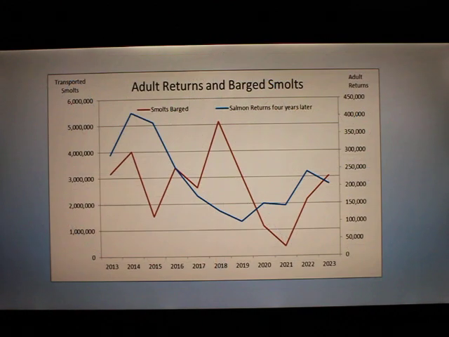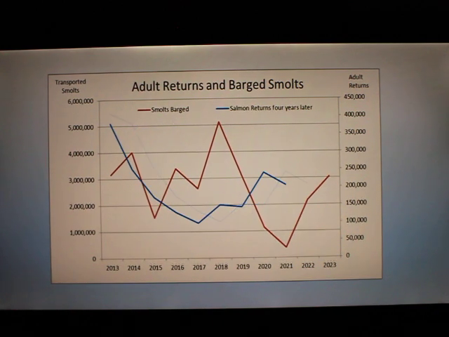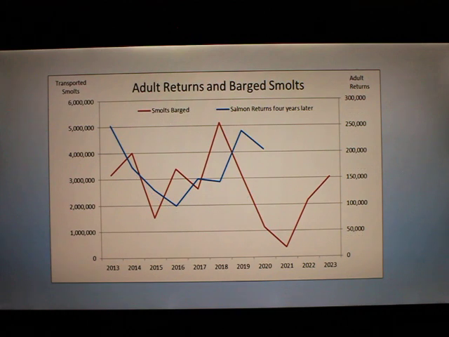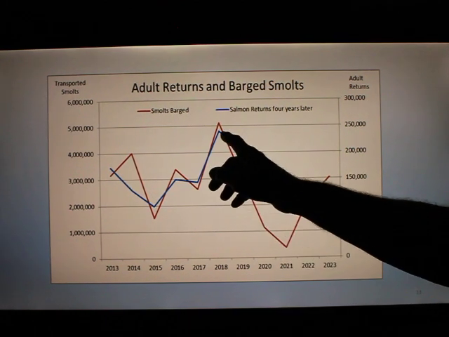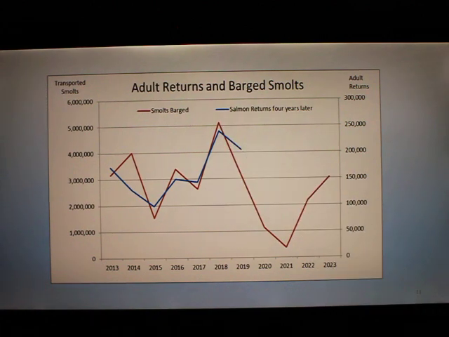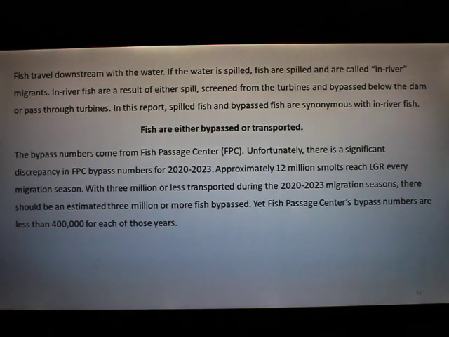So here is the first slide we were looking at, and now we're going to move that back 1 year, 2 years, 3 years, and 4 years. This is now lined up with the year that they were transported. We're going to look at this graph later on in the presentation.